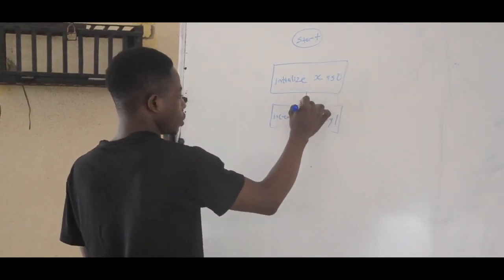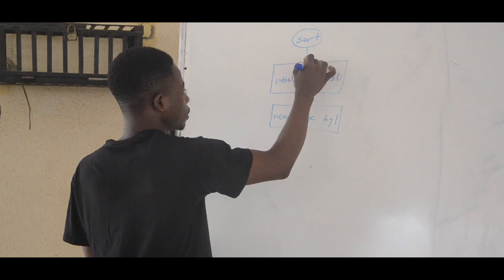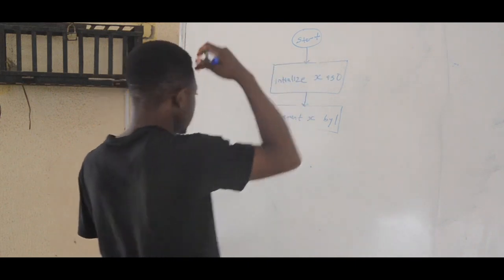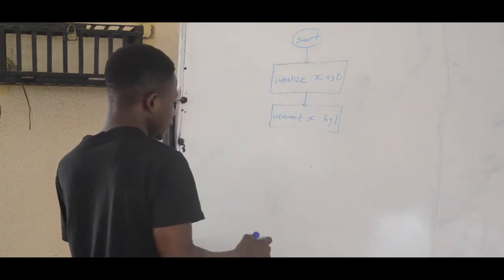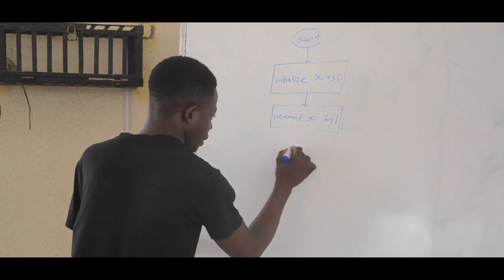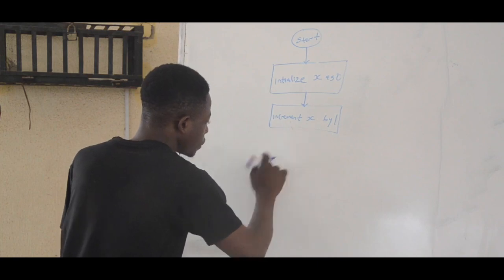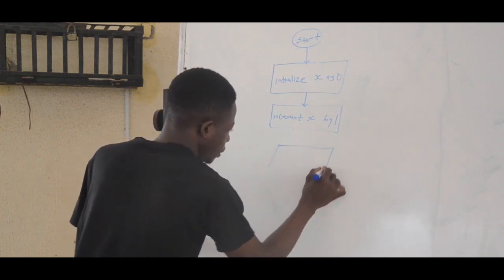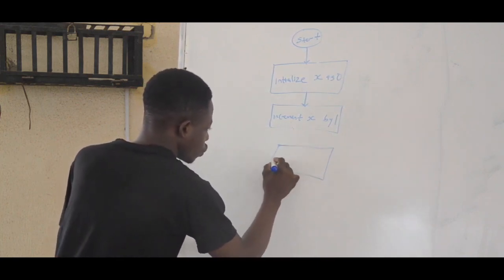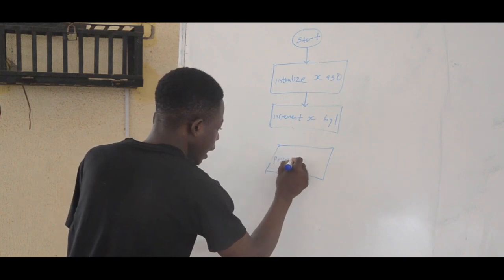You have to draw your connection line, don't forget. It's very essential you draw it. Then the next thing is we are going to print x. And to print, you have to use your input and output, which is the parallelogram. Don't forget it. So print x.